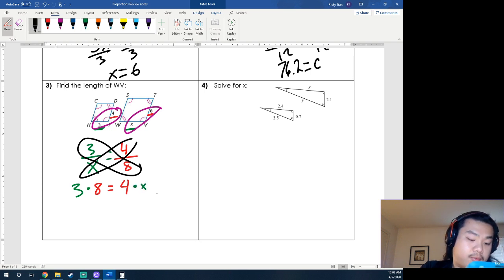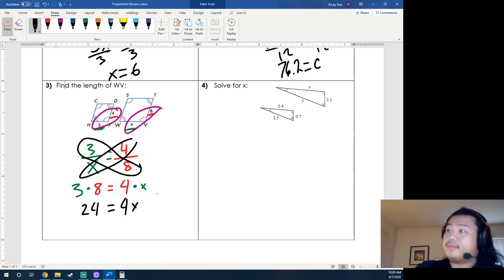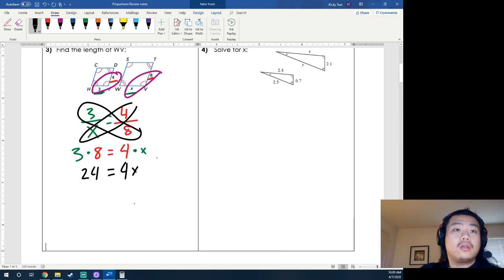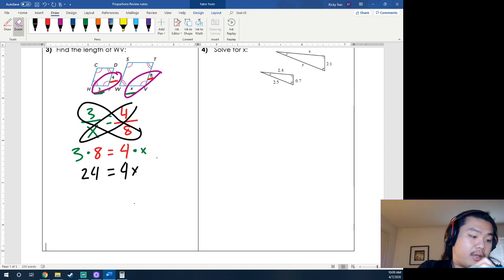I'm going to increase this. So this becomes 24 equals 4x. Then we divide by 4, divide by 4. x is equal to 6.